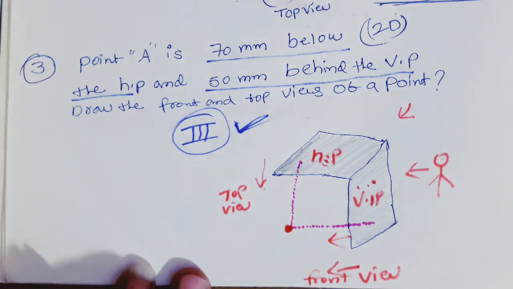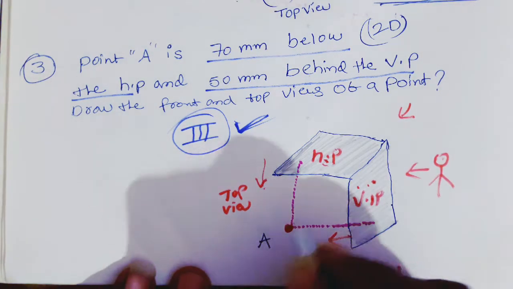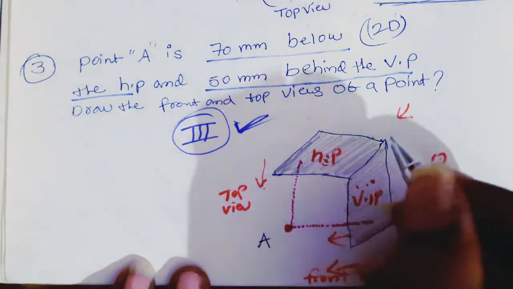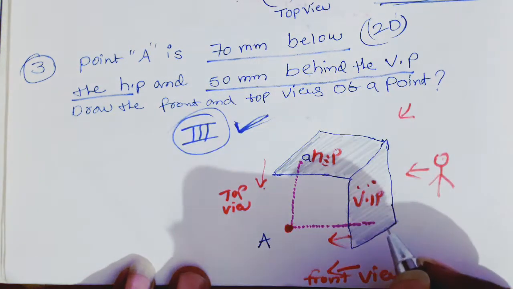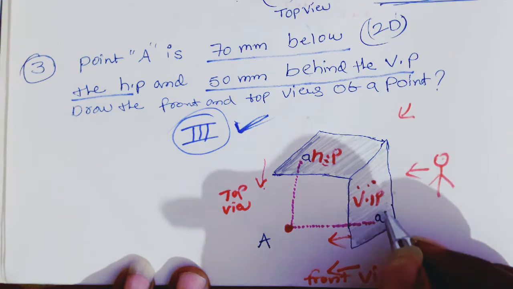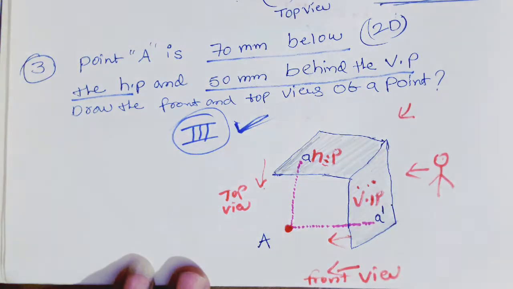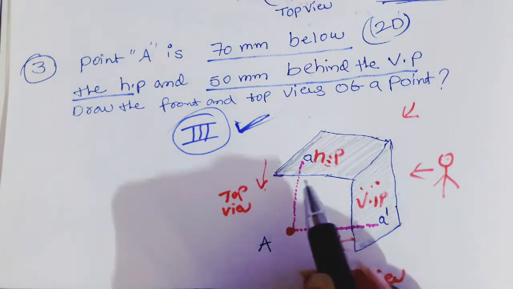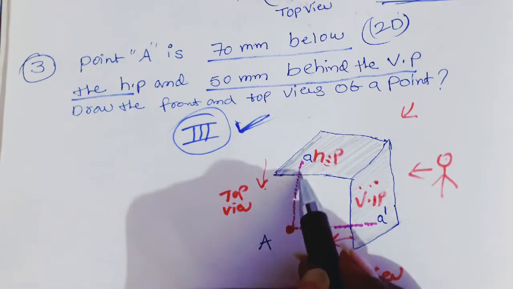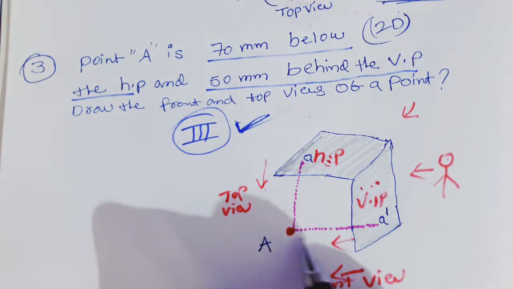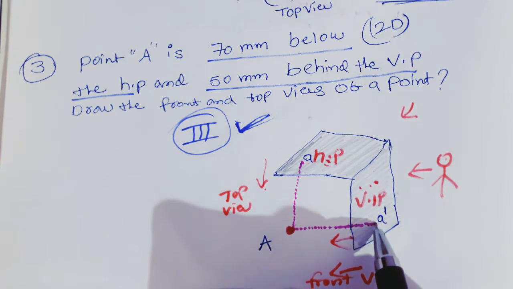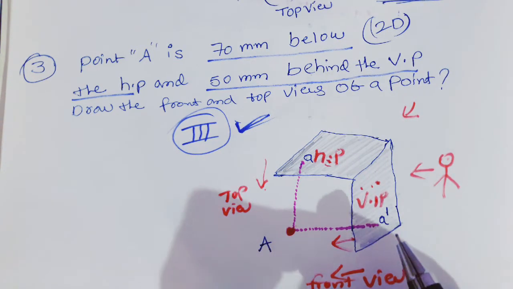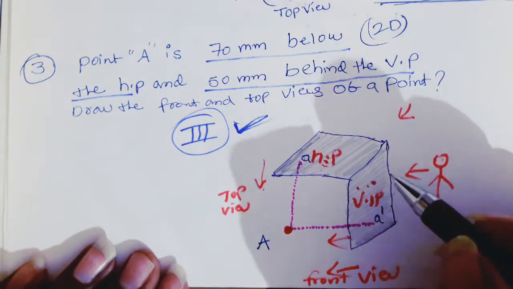So I am marking the point A position here. I am marking the projection of a point on HP as A, and the projection of a point A on VP as A dash. Okay, next what you have to do?